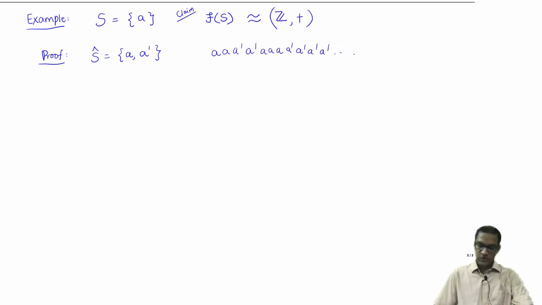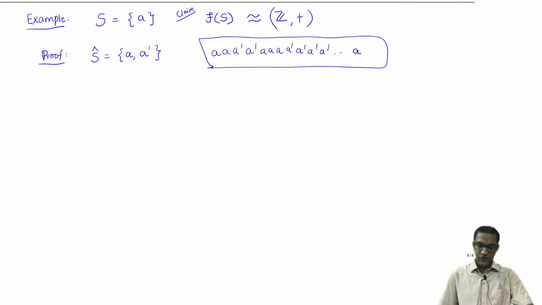The word can have A's and A primes which occur in some order, some number of times. Of course, all words are finite, so it ends somewhere. So this is a typical word in S hat. And then the free group itself is obtained by looking at the equivalence relation on the set of words in which you are allowed to collapse an A A prime and make it empty, or expand an empty word and make it A A prime or A prime A, and so on.